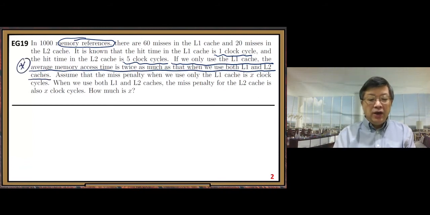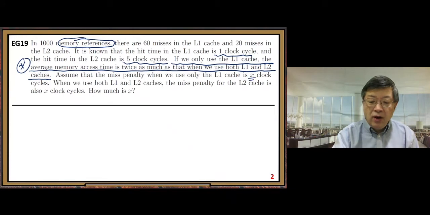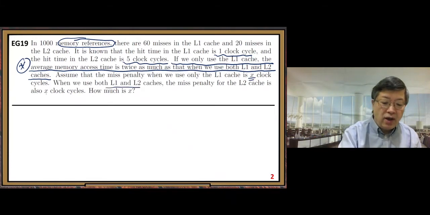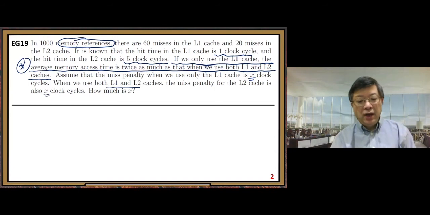Assume that the miss penalty when we use only L1 cache is X clock cycles, and when we use both L1, L2 it is also X clock cycles. So how much is X?